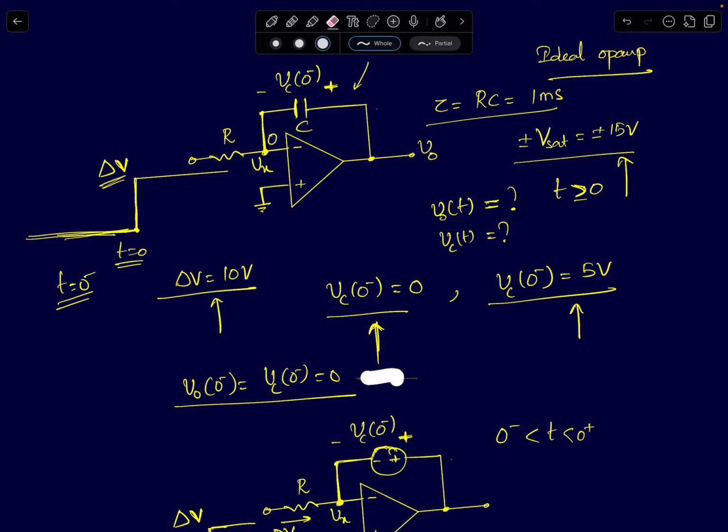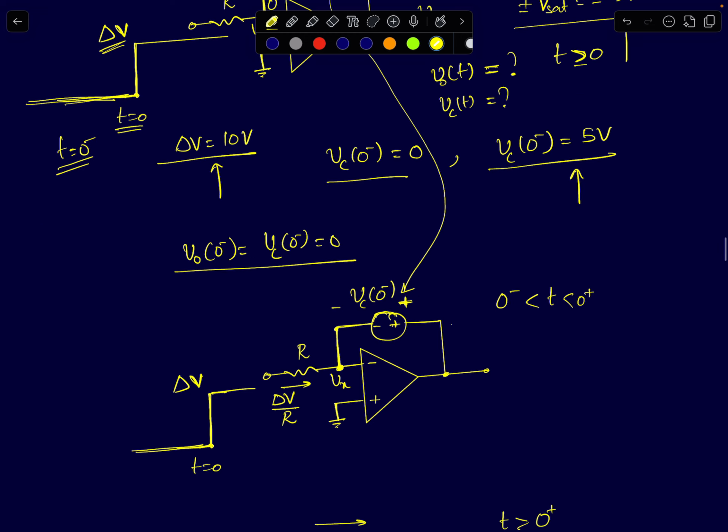The voltage across the capacitor cannot change instantaneously. What does that mean? It means it's going to act like an ideal voltage source. So I'm replacing the capacitor by an ideal voltage source of value VC of 0 minus. So VC of 0 minus should be equal to VC of 0 plus. So when the switching event is happening, remember, the capacitor voltage can change instantaneously, provided there is some kind of an impulse current.